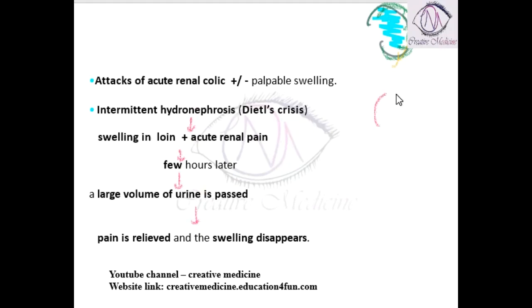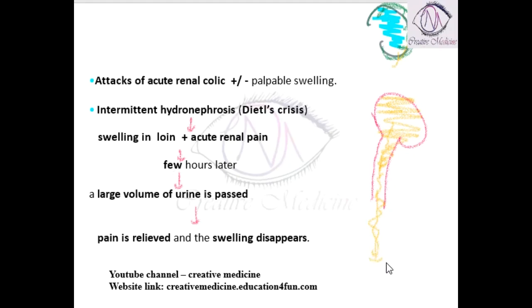So what is happening here is, if this is the kidney, there is some stone or obstruction in the ureter. Because of this, the patient has developed hydronephrosis. Now, for some reason, the stone has been dislodged. The obstruction has been cleared, so a few hours later the stone must have fallen down into the bladder, and the whole fluid which had accumulated in the kidney goes out as a large volume of urine.